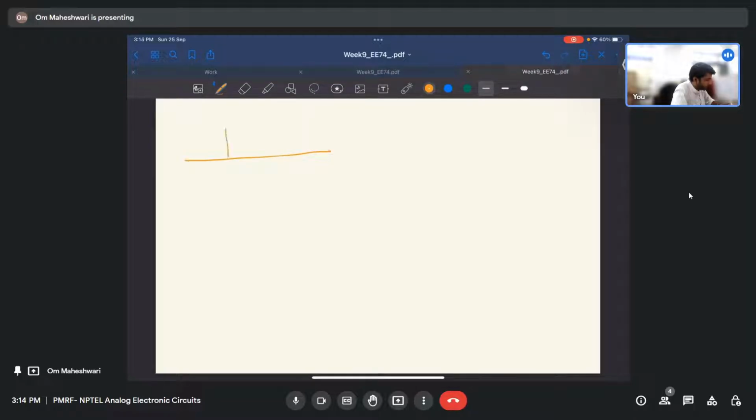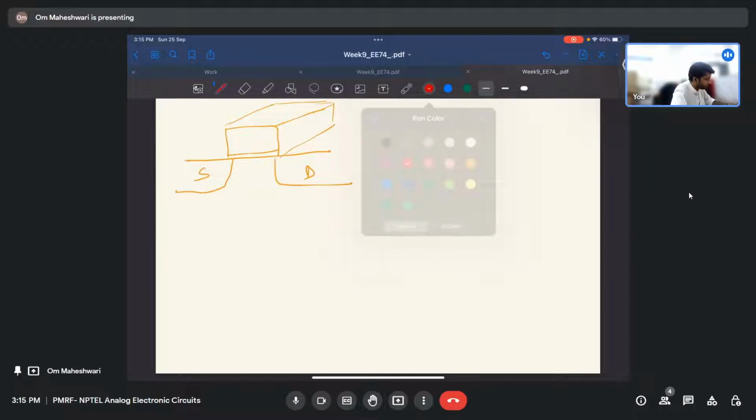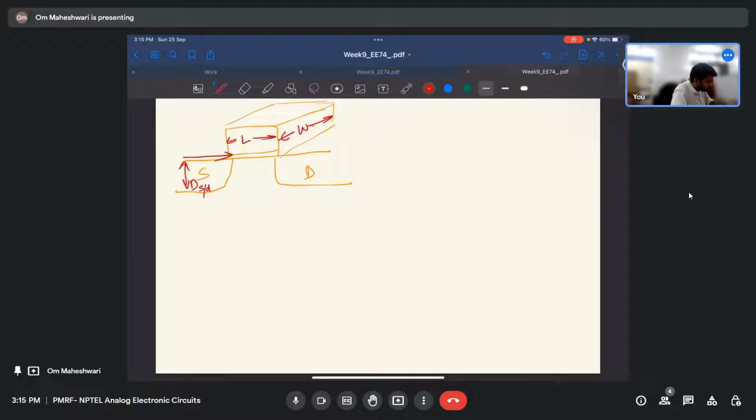Let us say this is my NMOS. I'll draw a kind of 3D figure. This is source, this is drain. The dimensions we know: this is length, this is width, this is the depth of source or drain, and this is the length of the source drain junction.